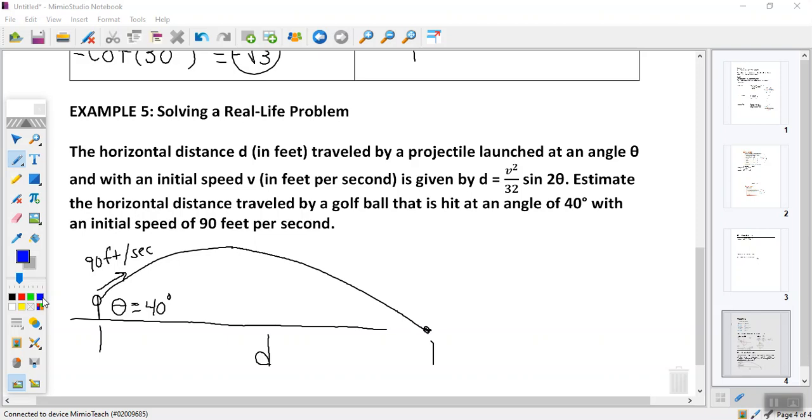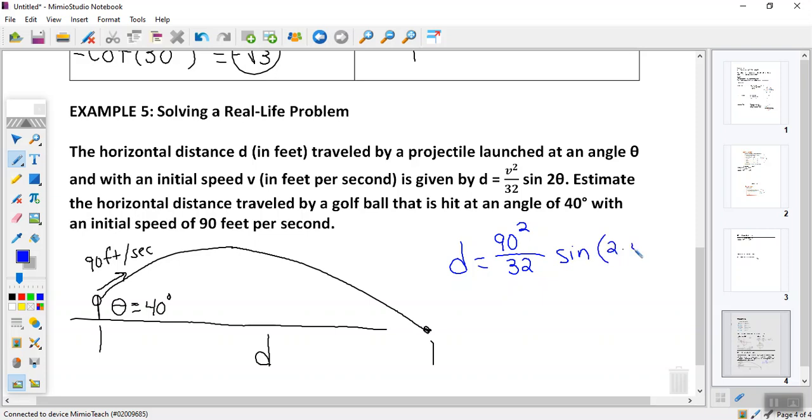Our distance d is going to be equal to, help me out, friends. What's going to take the place of v up here? 90. So 90 squared over what value? 32. Times the sine of what? Sine of 2 times 40, right?